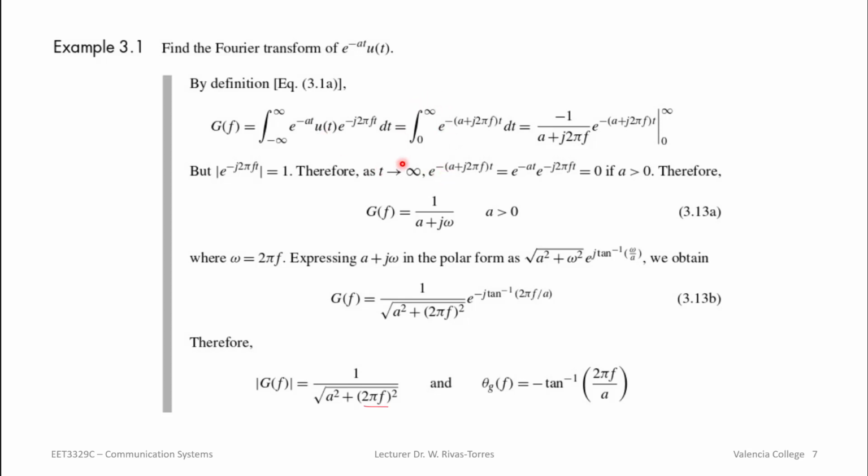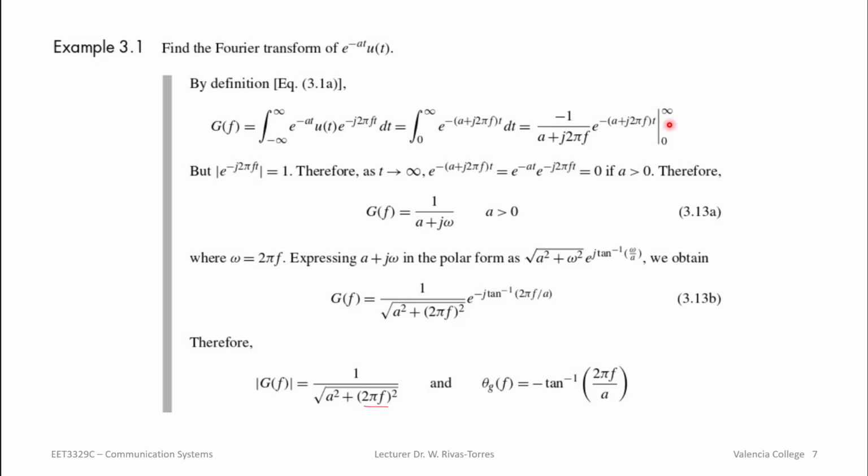So we can immediately change the limits of integration from 0 to infinity, because we know that below 0 it is going to be 0. Okay? Then we integrate this, which ends up being minus a plus 2j pi f, e to the same term.